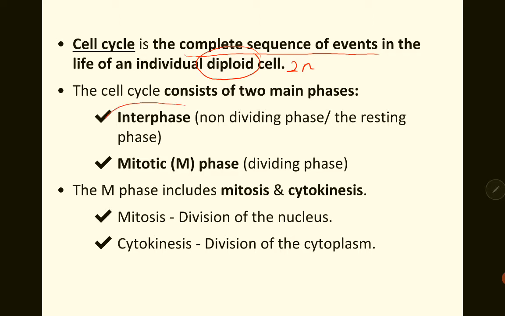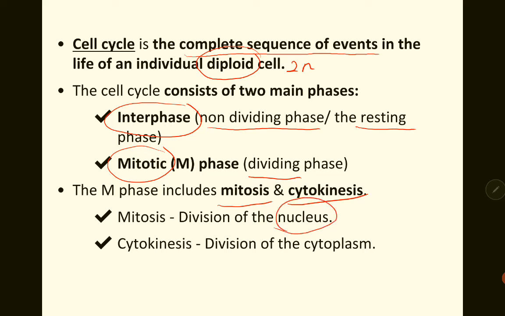First is known as interphase, also known as the non-dividing phase or resting phase. Another phase is known as the mitotic phase, which is the dividing phase. The mitotic phase can be further divided into mitosis and cytokinesis, where mitosis is the division of the nucleus and cytokinesis is the division of the cytoplasm.